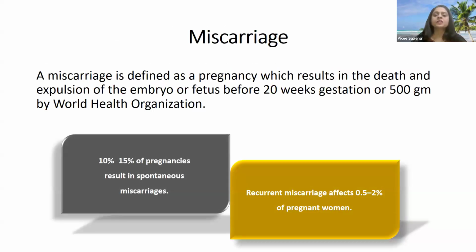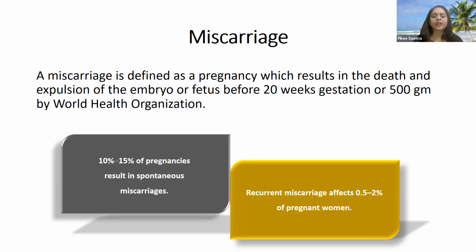A miscarriage is defined as a pregnancy which results in the death or expulsion of an embryo or fetus before 20 weeks of gestation, or if the fetus is less than 500 grams. This is defined by the WHO, and nearly 10 to 15% of pregnancies overall result in spontaneous miscarriages.